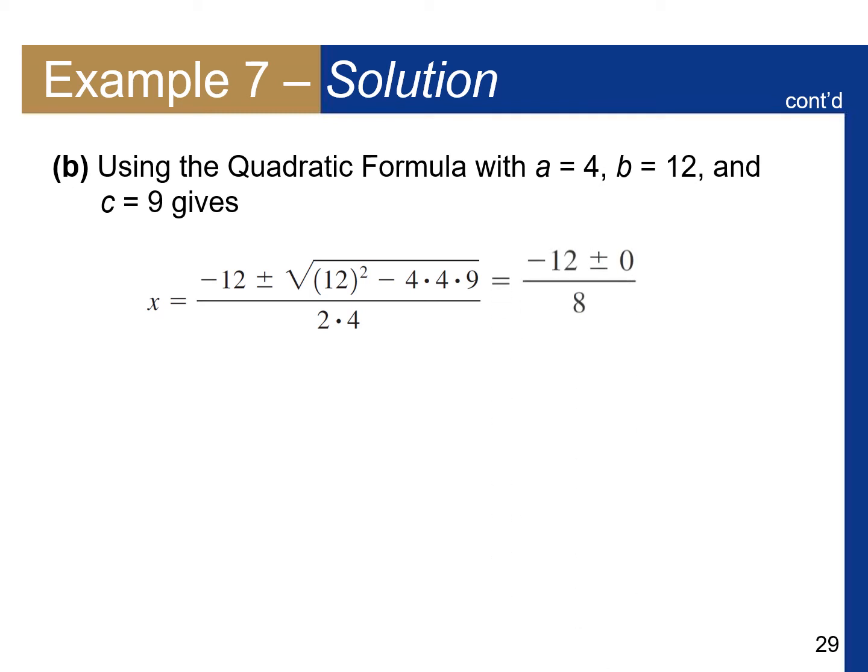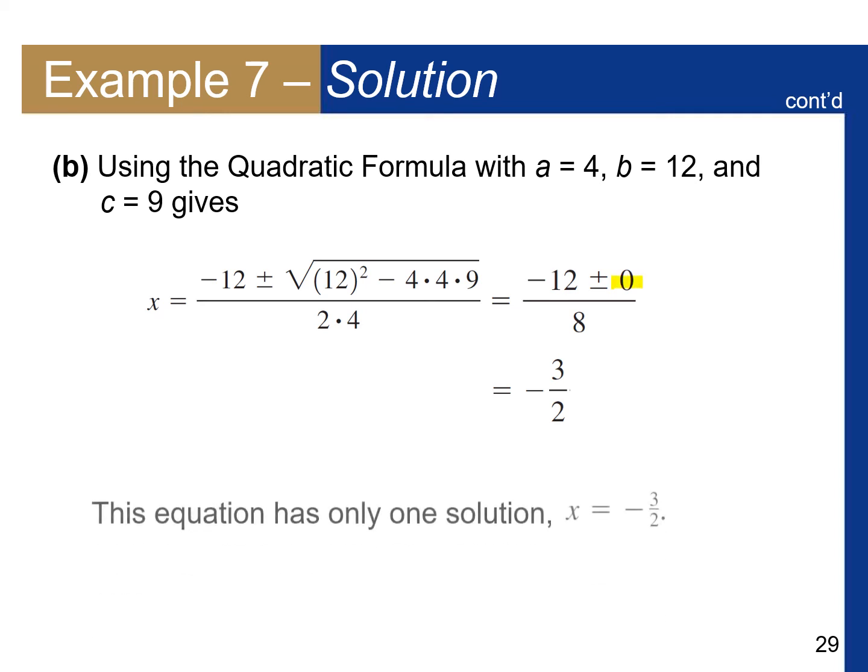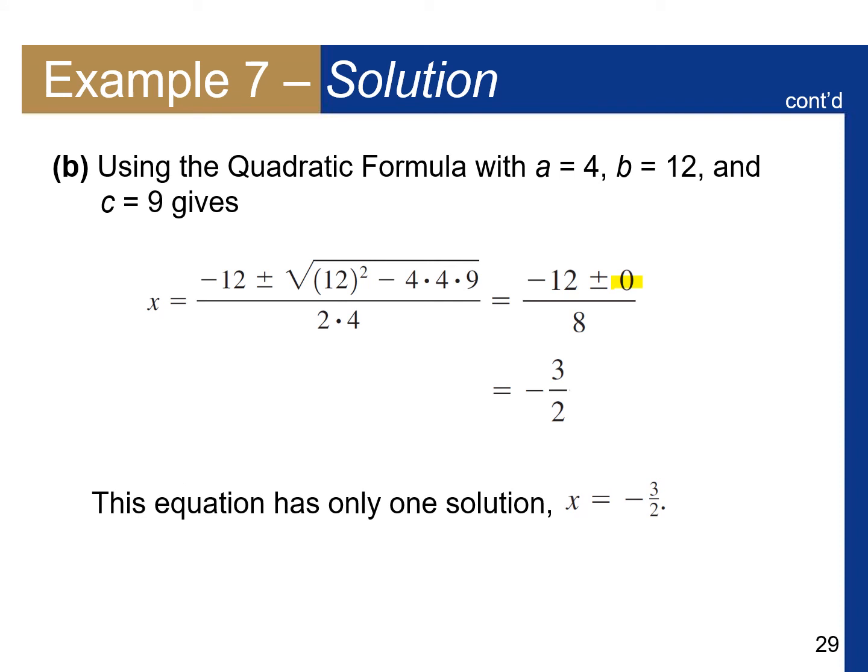Simplify. That worked out nice, and I get negative 3 over 2. Now we're going to look at the fact that this was 0. So it only has one answer here, because plus or minus 0 added to that answer is not going to make a difference.